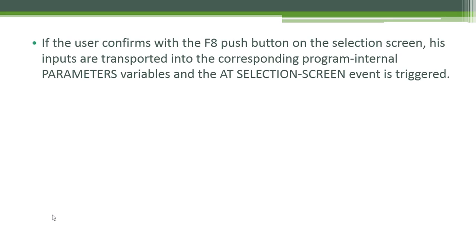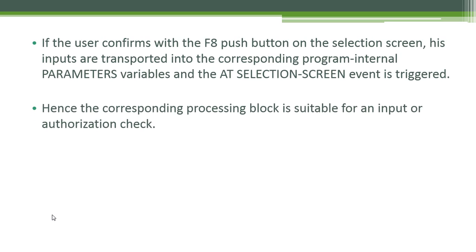If the user confirms with the F8 pushbutton on the selection screen, their inputs are transported into the corresponding program's internal parameter variables, and the AT SELECTION-SCREEN event is triggered. Hence, the corresponding processing block is suitable for an input or authorization check.